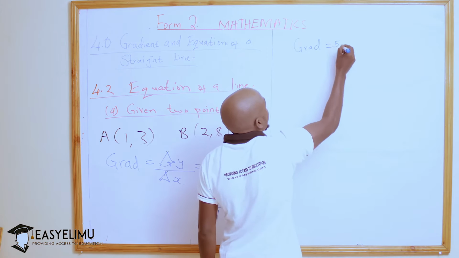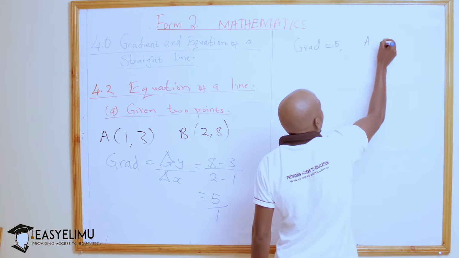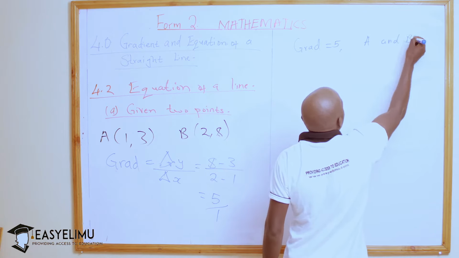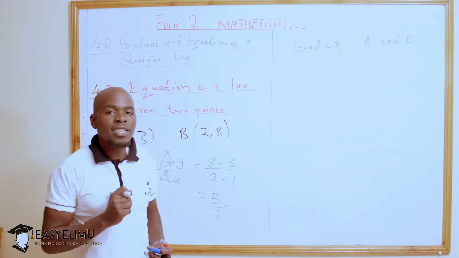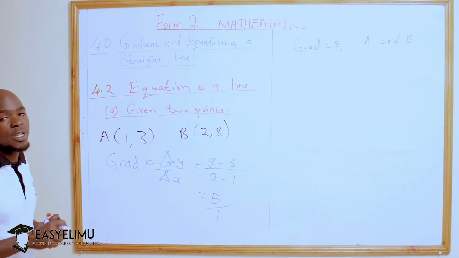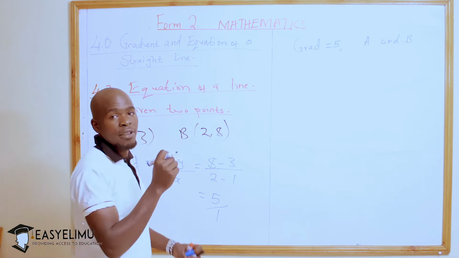So having the gradient equal to 5, and you have point A and also point B, we can still find an equation of a line which passes through those 2 points, having the gradient as 5.